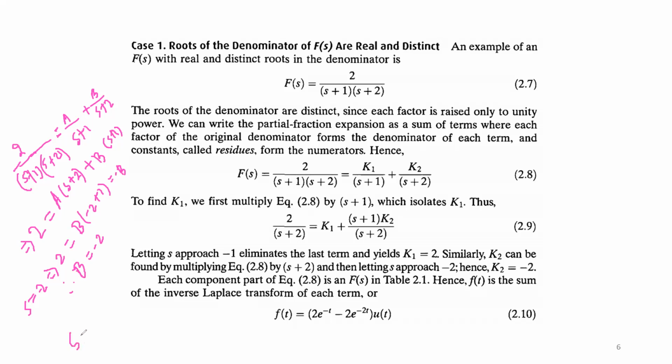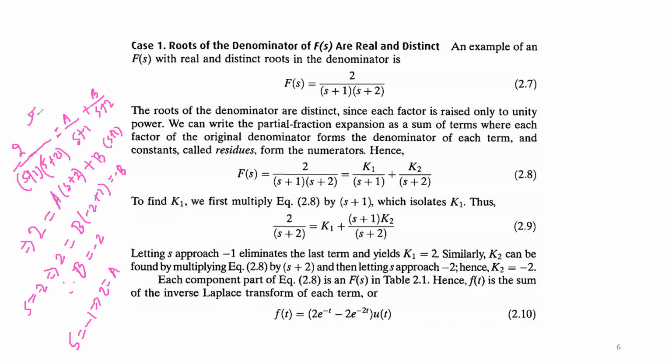Again, if you put s equal to minus 1, then what would happen? 2 is equal to A, and the other term would be 0, because if you put minus 1, then 1 would be there. So A is equal to 2, B is equal to minus 2.